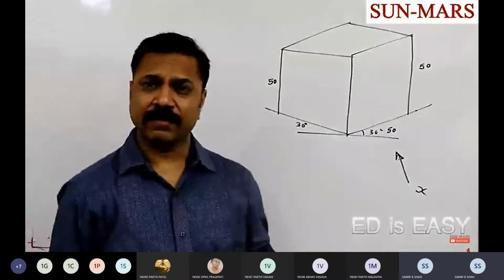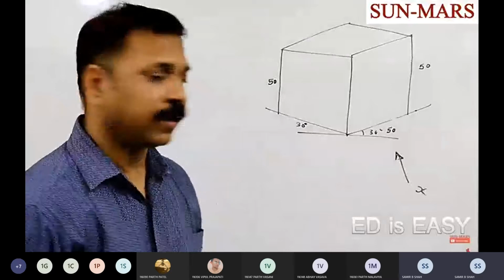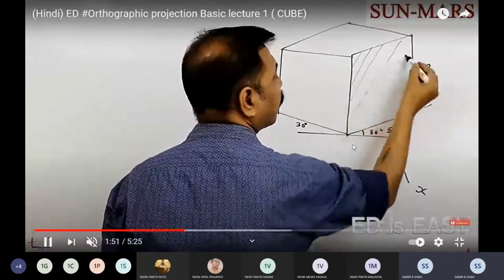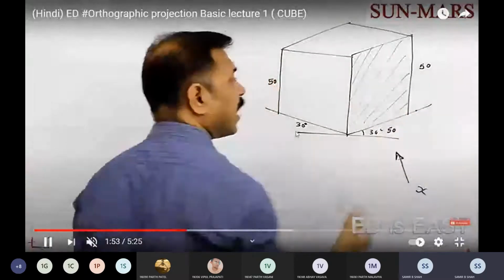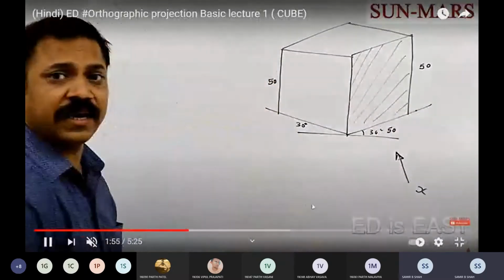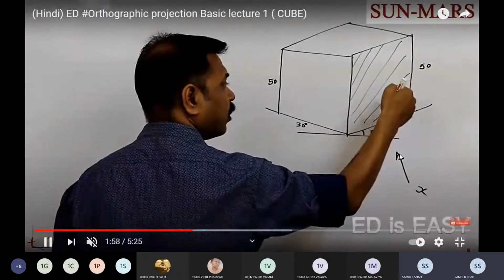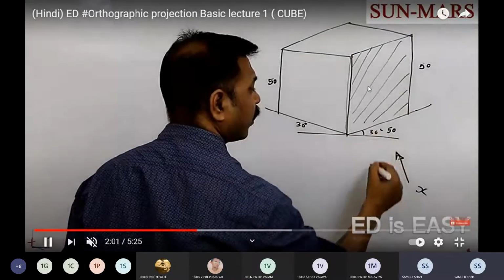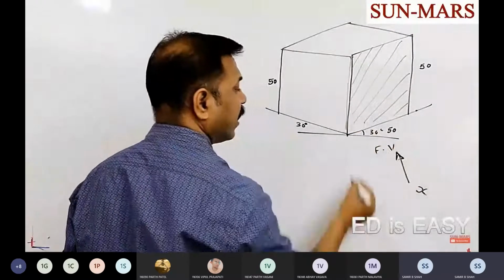You can see that this is the cube, which you can see with the help of the 3D diagram. Both the angles, you remember that in isometric, it may be at 30 degrees. Whenever the arrow is given to you, that arrow shows that it is your elevation or front view. Okay.